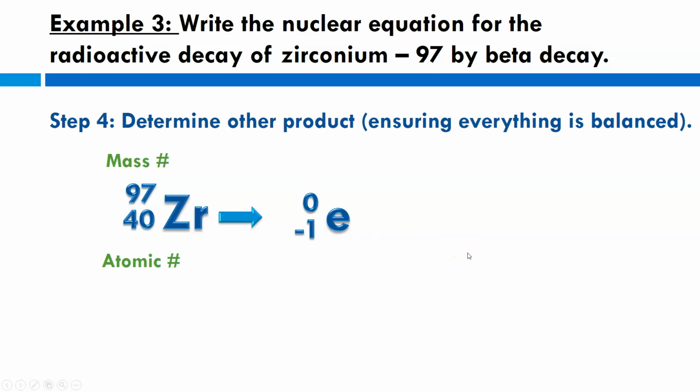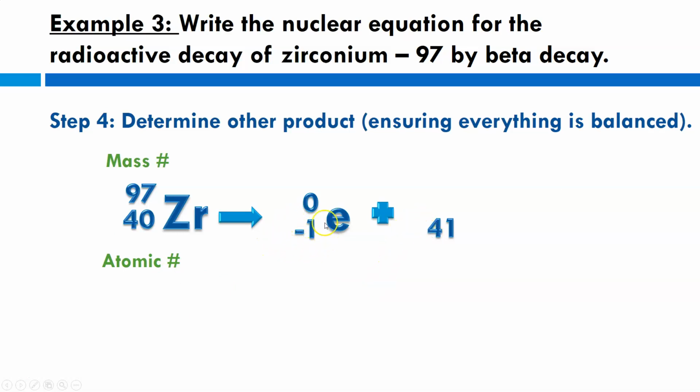Now what I have to do is figure out my missing particle. What do I add to -1 so that it equals 40? 41, which makes sense that my proton number increased by 1 because I smashed that neutron up, right? A neutron turned into a proton, so this should go up by 1.